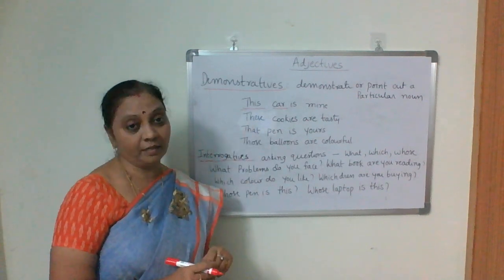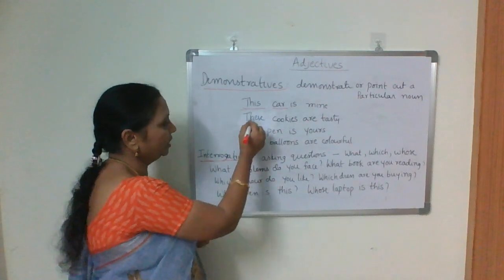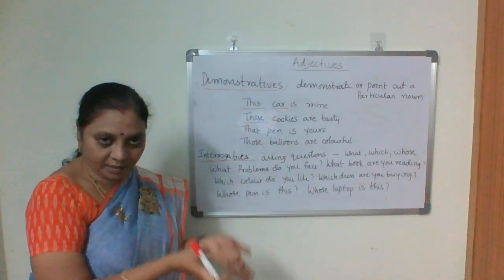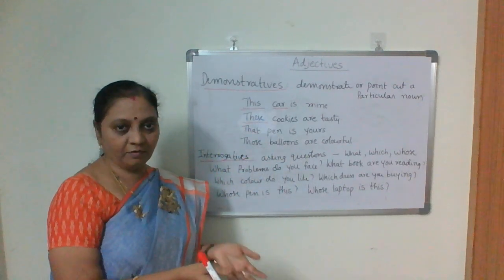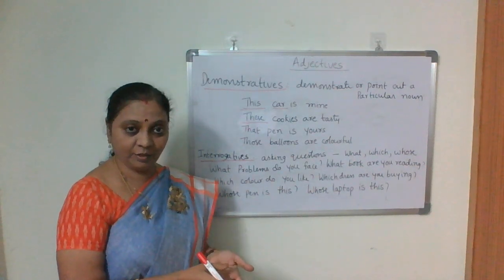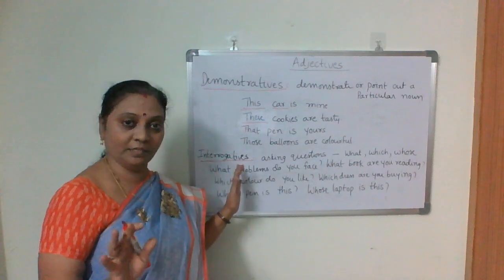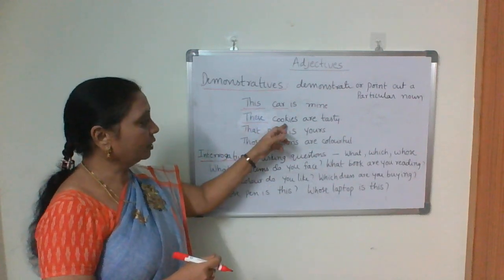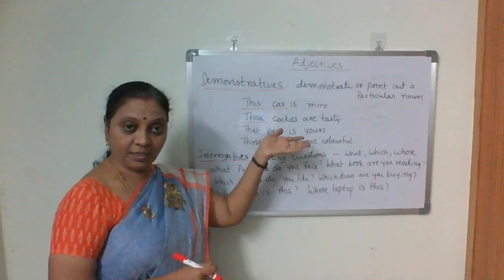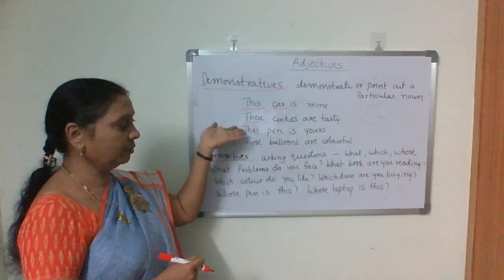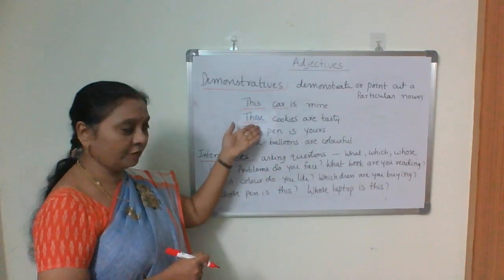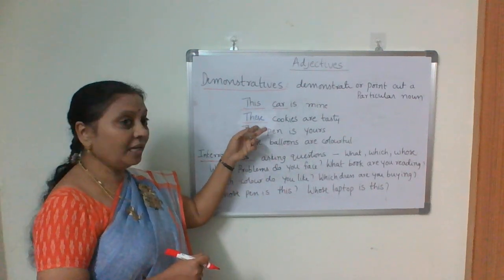These cookies are tasty. This, that, these and those. These, it is a plural word. This here are the near ones, and that and those for far ones, and this and that for singular we use, and these and those for plurals. Okay, so these cookies are tasty. This is a demonstrative adjective, cookies a noun, and immediately in front of that we have used these.